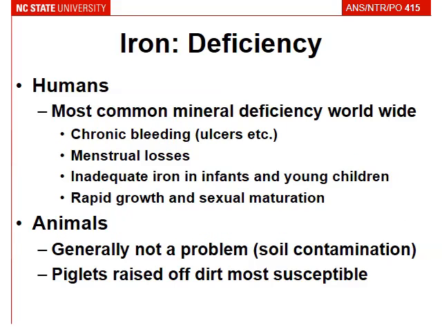Now, everybody is probably familiar with some sort of iron deficiency. In humans, iron deficiency is the most common mineral deficiency that you're going to encounter. If you're deficient, it's usually due to some sort of chronic bleeding. So if you have ulcers, something that's going to cause internal bleeding, you're going to be more at risk for iron deficiency.